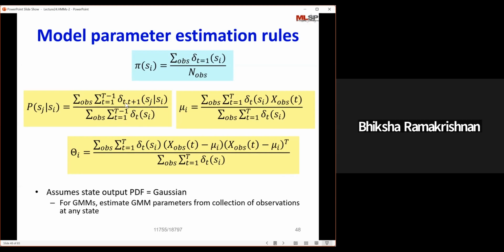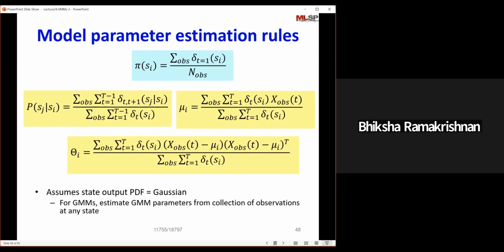The numerator, I do the same thing, except that this delta takes the value 1 if at any time you've gone from state Si to state Sj, and 0 otherwise. So what is this numerator counting?